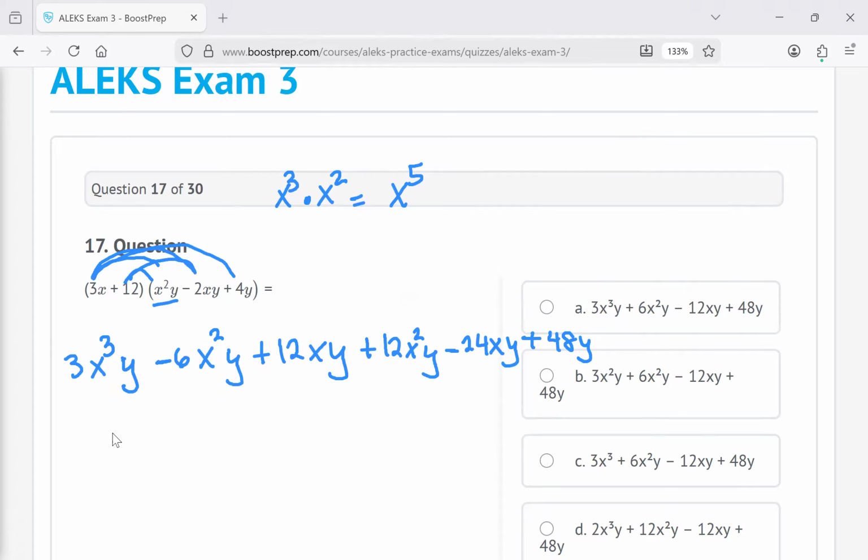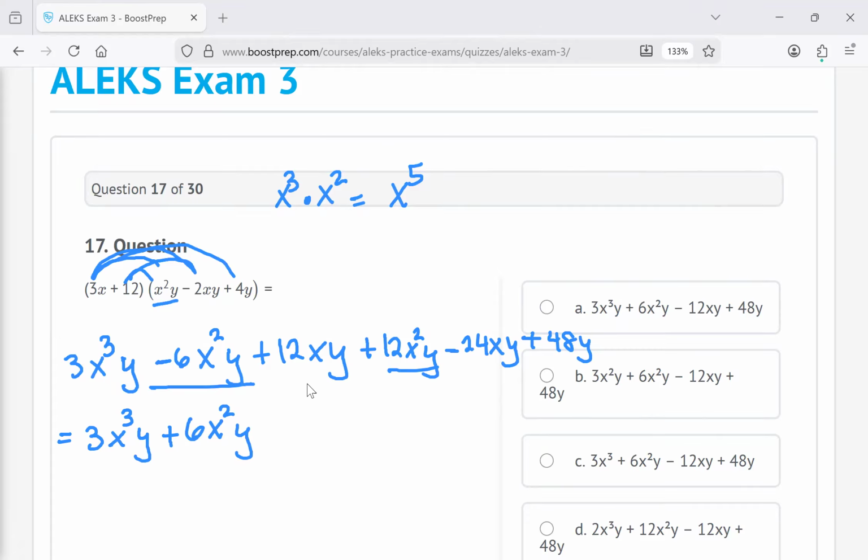Okay, clean it up. Does anything cancel? The only thing I can combine is negative 6x squared y and positive 12x squared y, because they both have an x squared and a y. So what's 12 minus 6? That's 6x squared y.